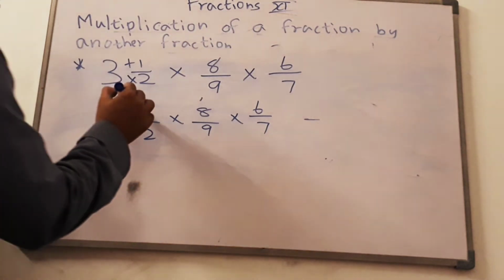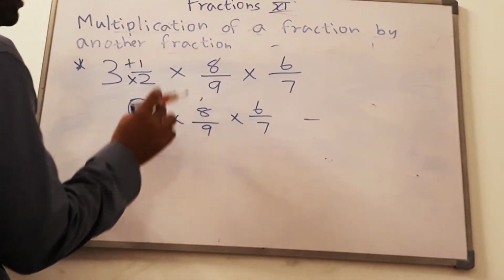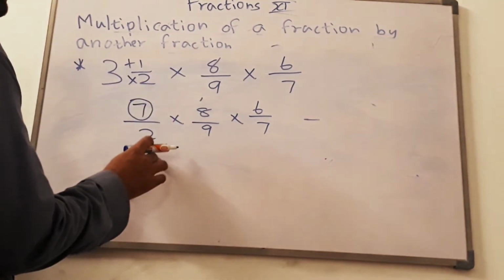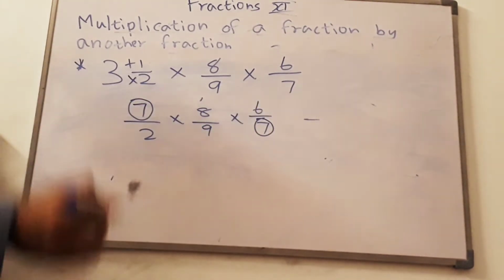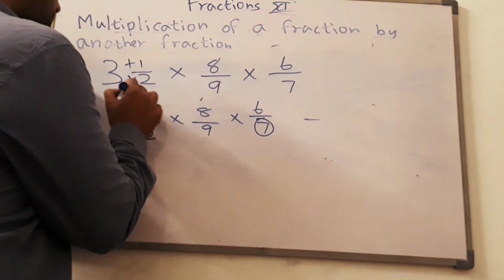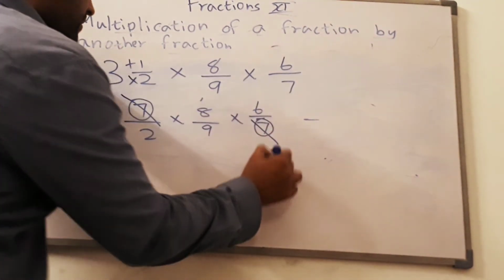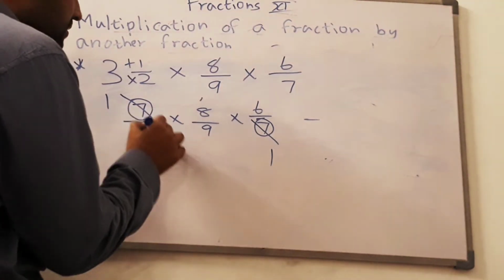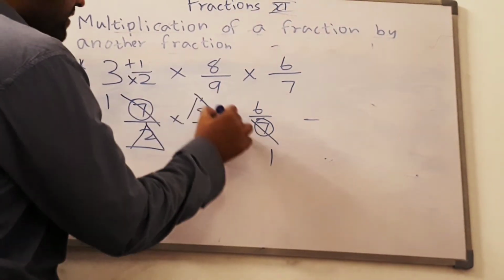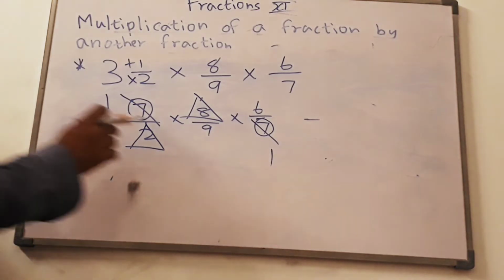Okay, there's a 7 here. 7 and 2, no common factor. 7 and 9 also no common factor. But 7 and 7 both have 7 as the common factor. So 1 7 and 1 7. Then 2 and 8. 2 and 8 have common factors, as well as 2 and 6.